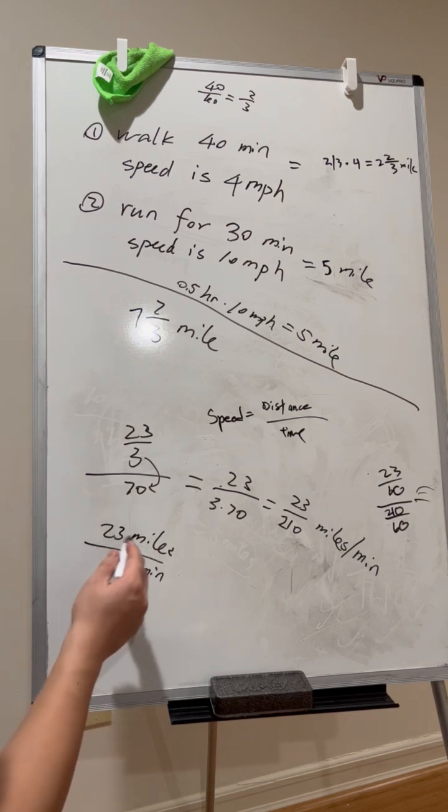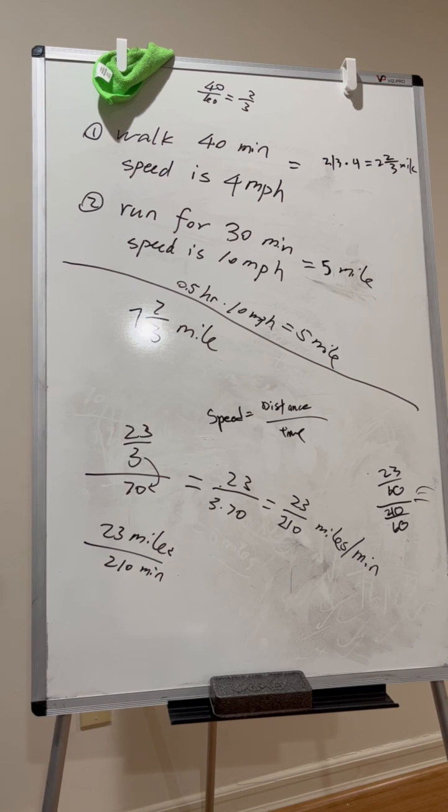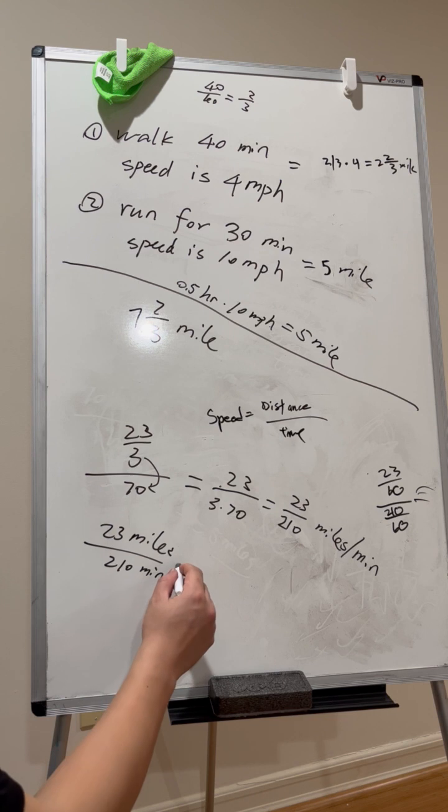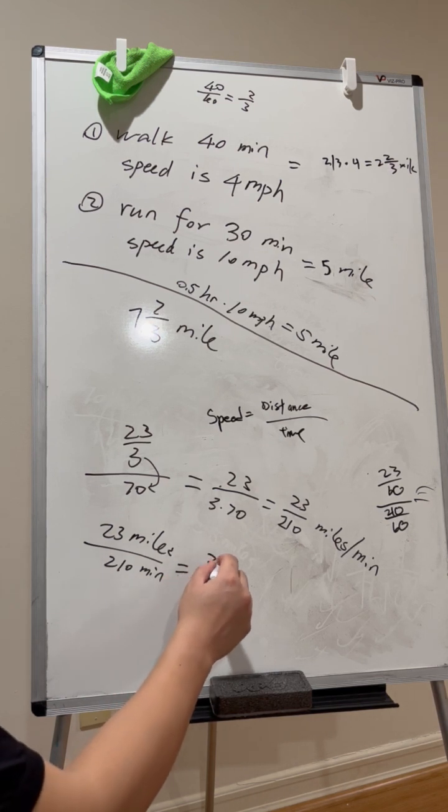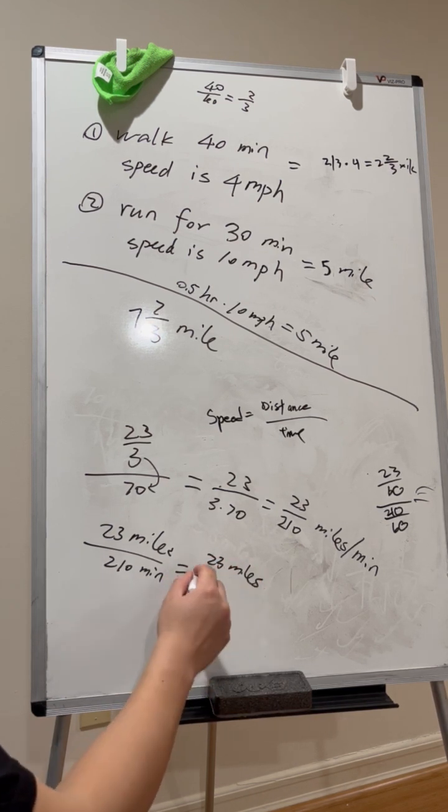You don't need to divide 23 miles by minutes. What do you need to do? You need to multiply by 60. Where? Bottom.